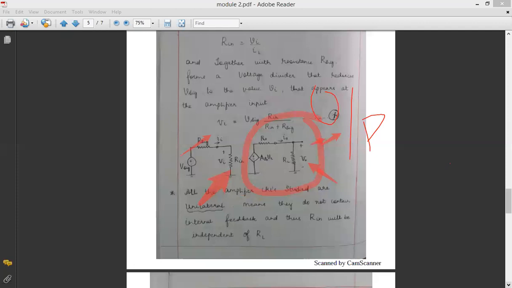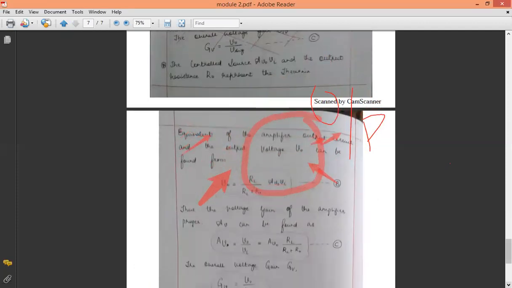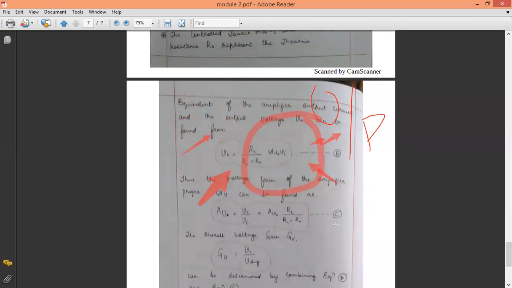Please write down this circuitry. Where I have shown, I have represented it by the Thevenin's equivalent. Rub everything else and mark this one. V naught is equal to AV naught into VI, the main voltage, into RL divided by R naught plus RL.